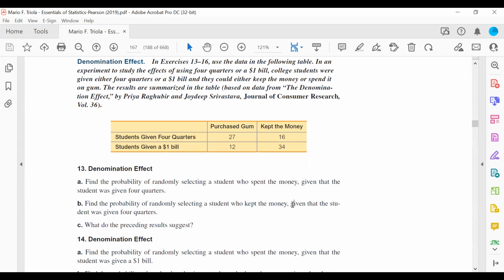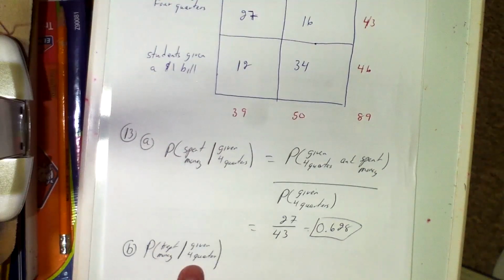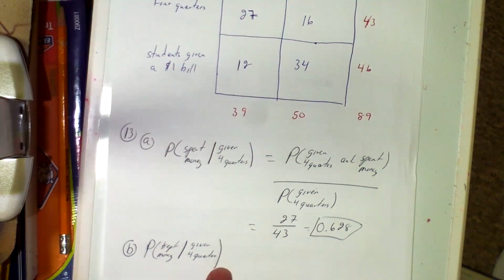There's the word given. That the student was given 4 quarters. Kept money, given 4 quarters.